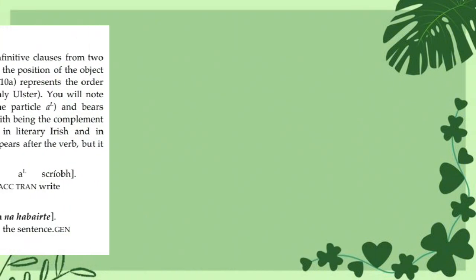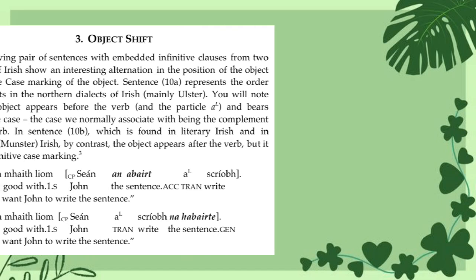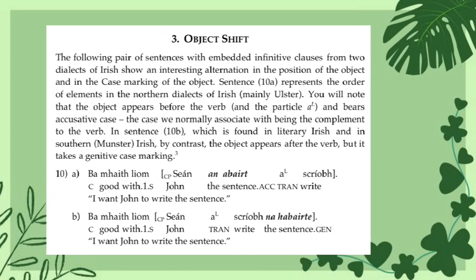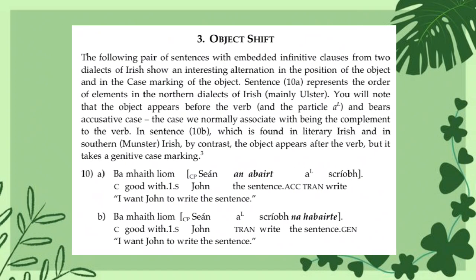Now let's move on to part number 3, which is object shift. So the following pair of sentences with embedded infinitive clauses from two dialects of Irish show an interesting alternation in the position of the object and in the case marking of the object. Sentence 10a represents the order of elements in the northern dialects of Irish, mainly Ulster.